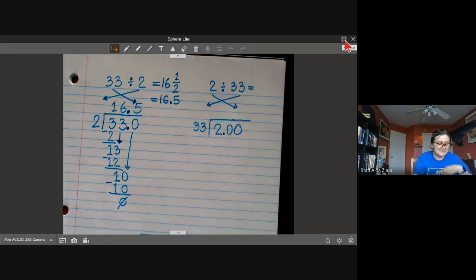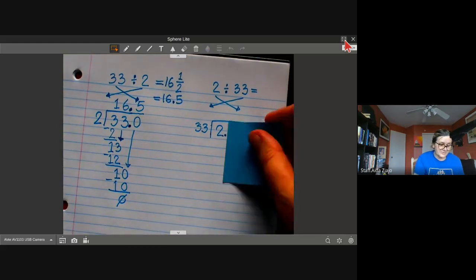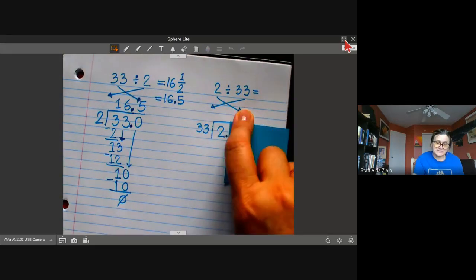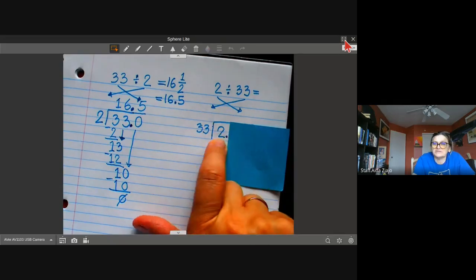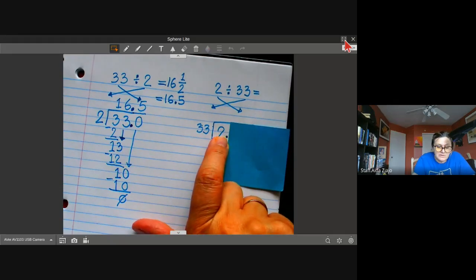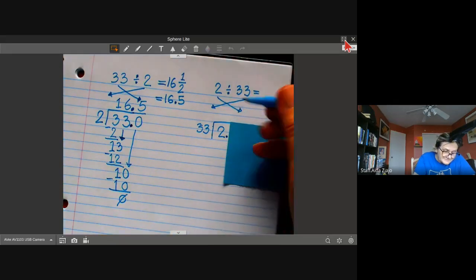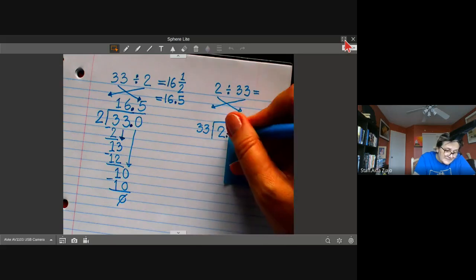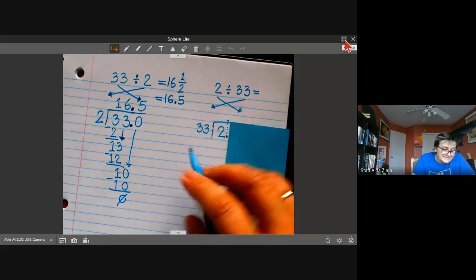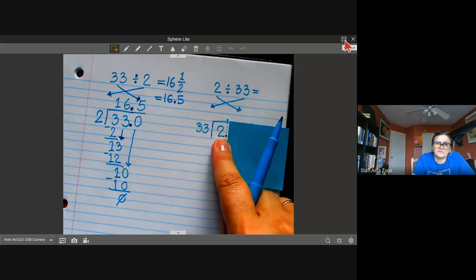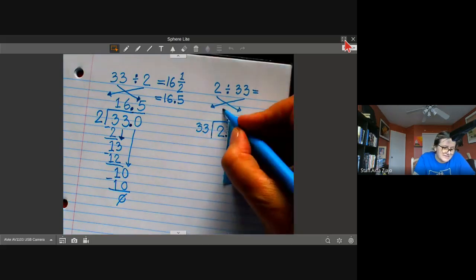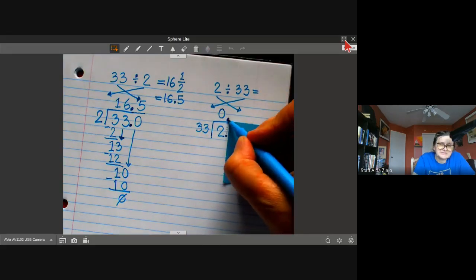So I can start thinking, if I put the 33 as my group, and what do I have? It's only 2. How many 33s are in 2? There are none. So that's a 0, so I can put a decimal point.